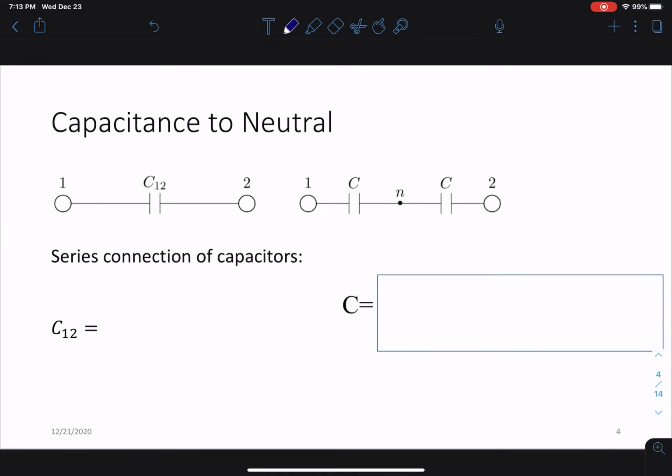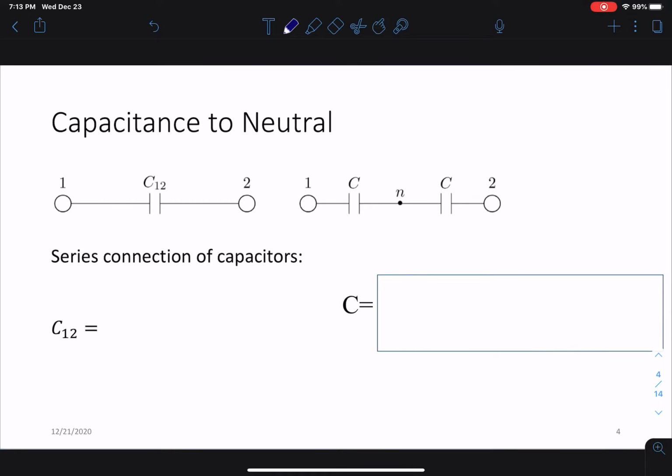Now let me explain something. If you have a neutral between the lines, then the capacitance from 1 to neutral is C, and from 2 to neutral is C, both the same. Then what is C12?